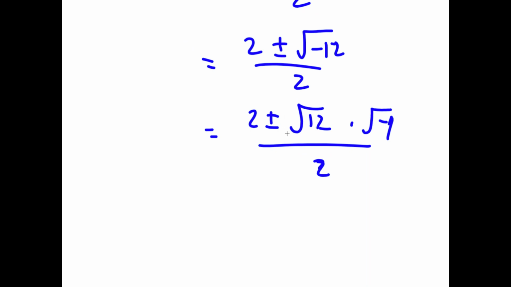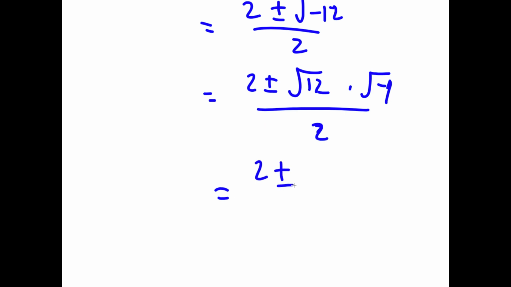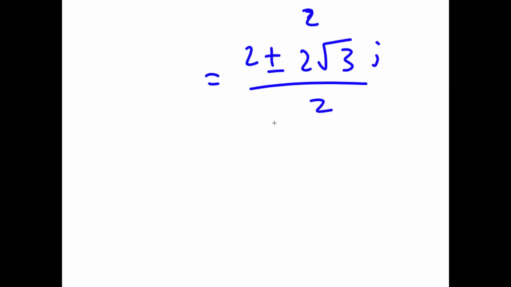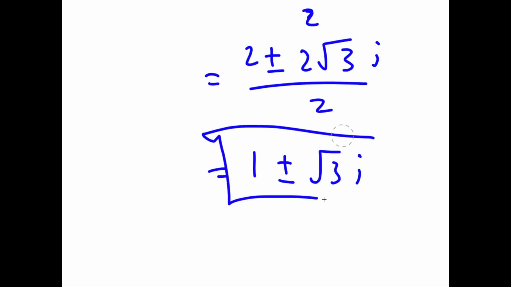And the square root of 12 simplifies to 2 root 3, and the square root of negative 1 is simply i. So I have this over 2. Now if I divide both sides by 2, I get 1 plus or minus the square root of 3 i. So these are my two solutions.